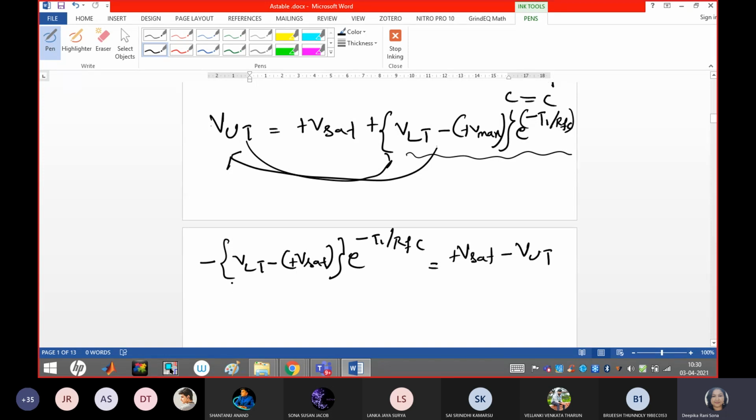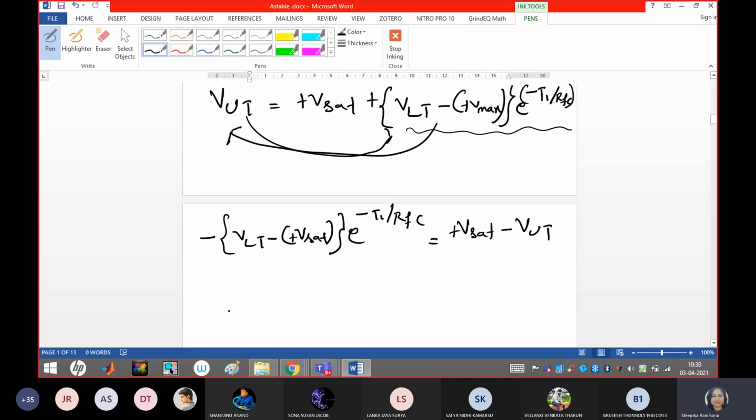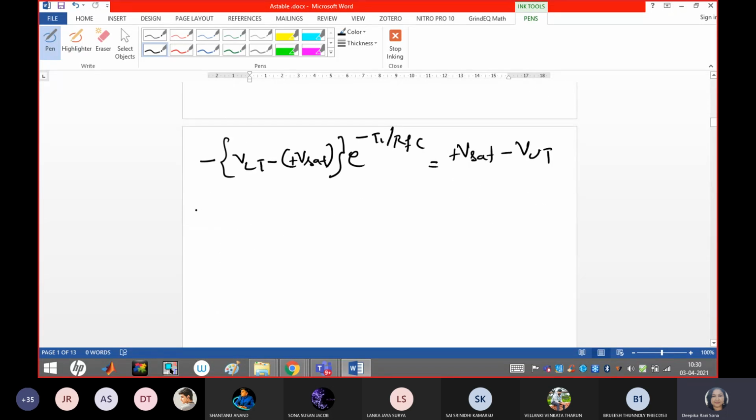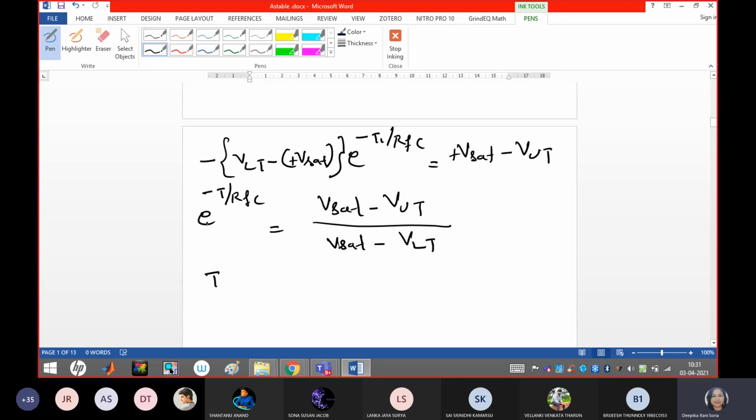So the same thing I'm going to write here. The next term in terms of e to the power minus T1 by RFC can be written as V sat minus VUT, whole divided by V sat minus VLT. What is my requirement? The time period only. So to cancel this e, I have to take ln of both the sides. Then only e to the power x will become x only. So take ln of both the sides at this point.